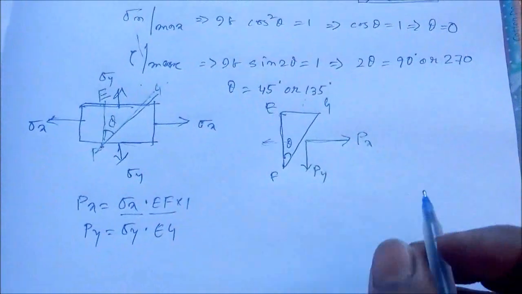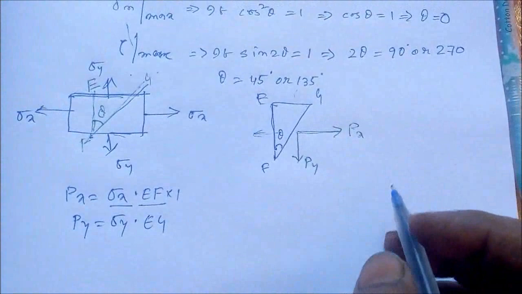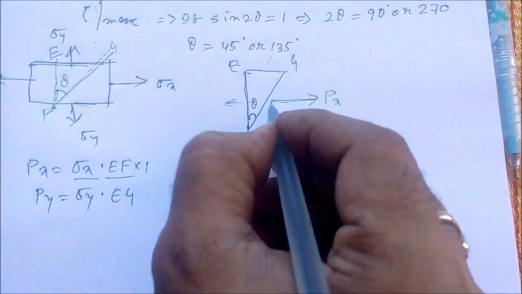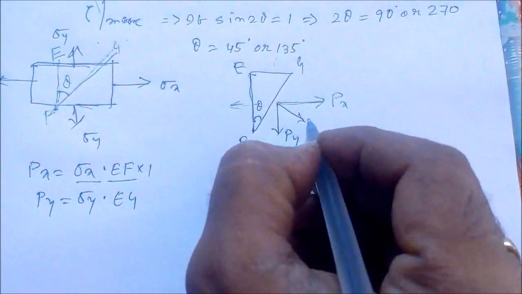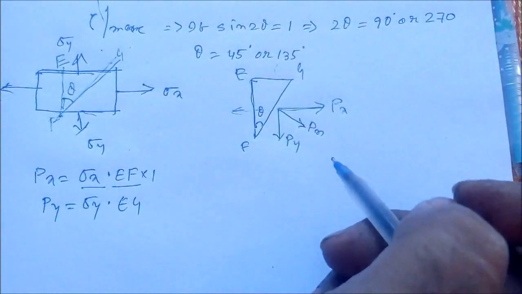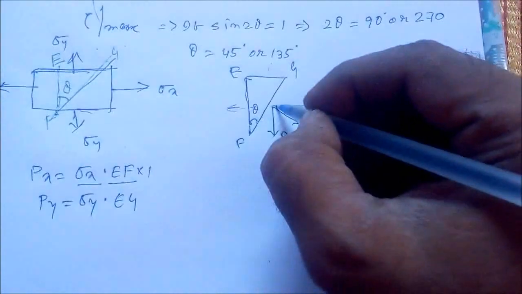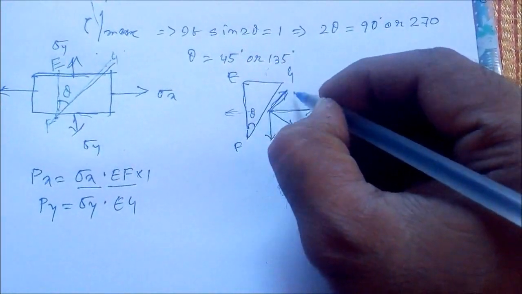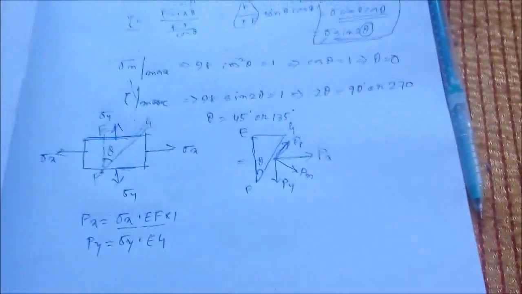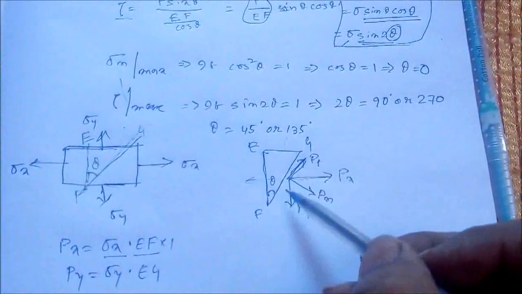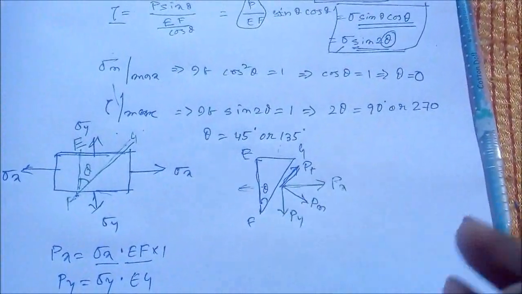Now what will be the value of Pn, the force acting normal to this plane FG, and what will be the value of Pt, that is the force acting tangential to the plane FG?